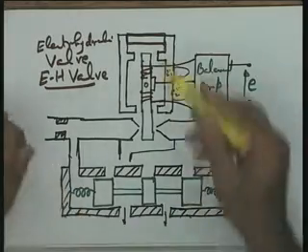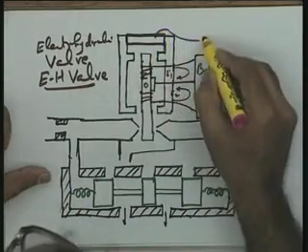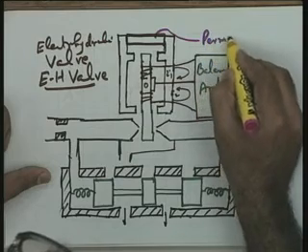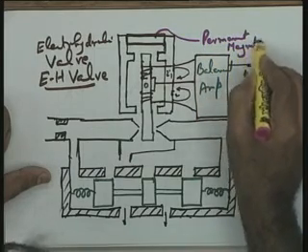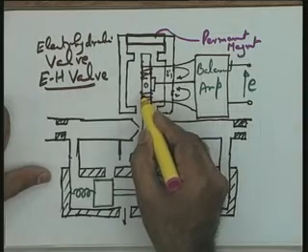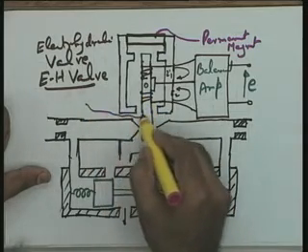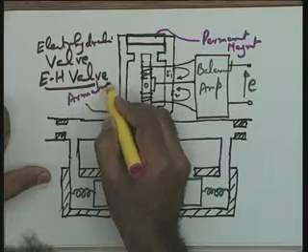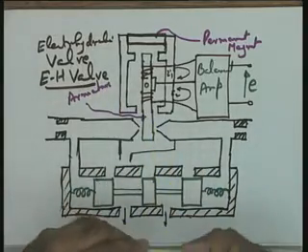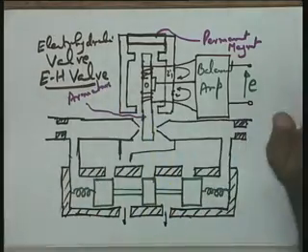I show it here. This is a permanent magnet. This of course is an electromagnet, and here this is an armature. So what is the steady position? The equilibrium position.